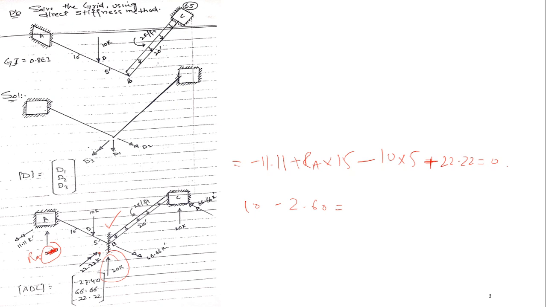Why haven't I written this? I mean, is this a mistake or what? There should be some reaction here, and that should be 8.40. So I haven't written it. This is a mistake. I mean, it should be written here. The reactions should be here, 8.40. Wait a minute. Why haven't I written this?